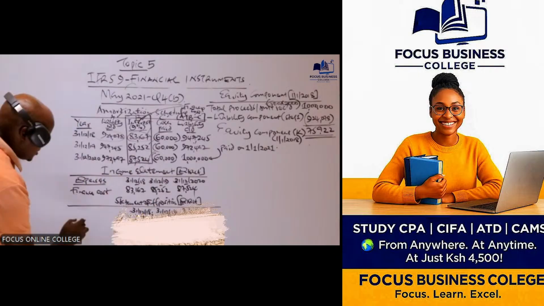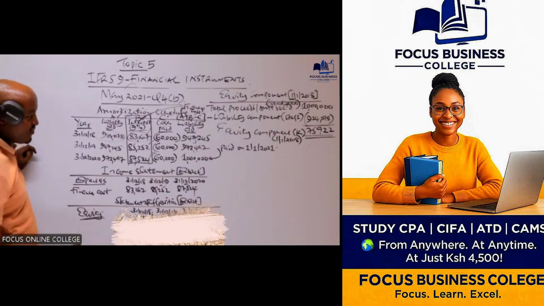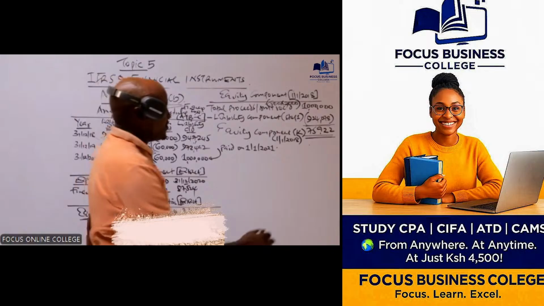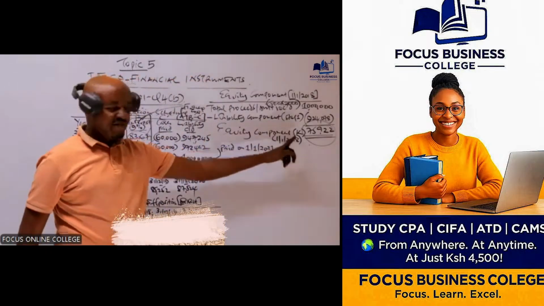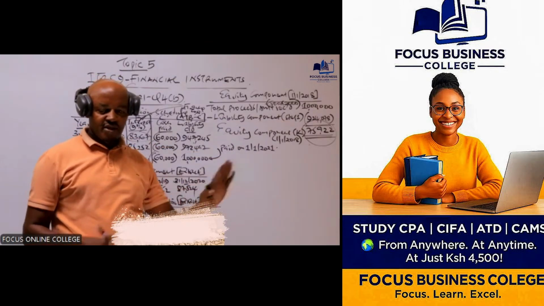In this case, because we don't have any item of assets, we start by showing what was supposed to be recognized as part of equity. What the company was supposed to recognize at the equity is this equity component. Remember, we have said the value for the equity component remains unchanged in year 1, year 2, year 3. That one will not change.